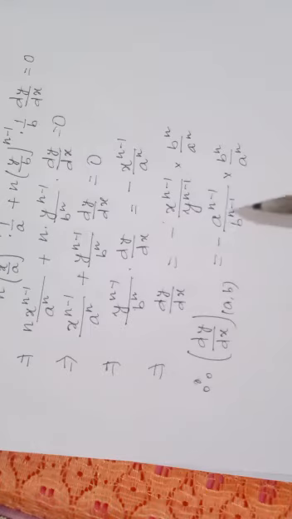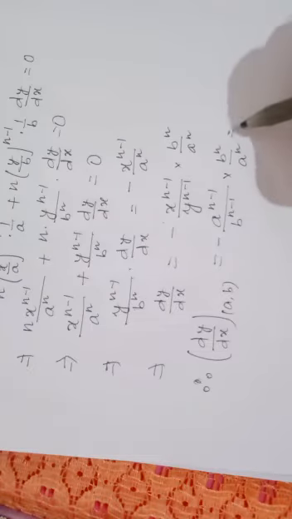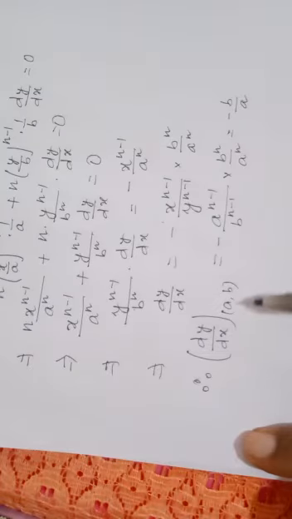See, after cancellation, how much is left? b and a here. So it should be minus b/a. This is the value of dy/dx at (a, b).